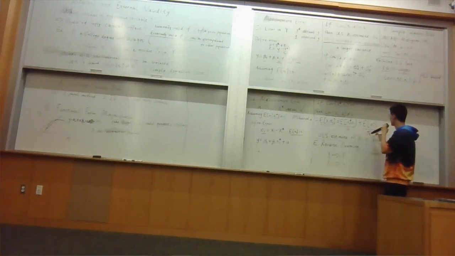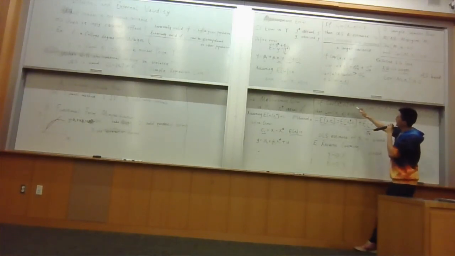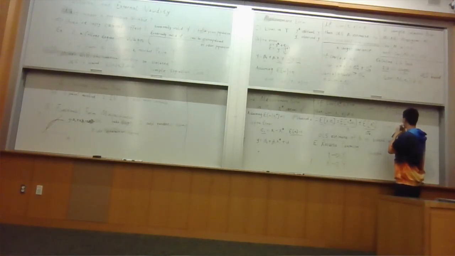So the covariance of your observed x and your measurement error in x is the variance of your measurement error.